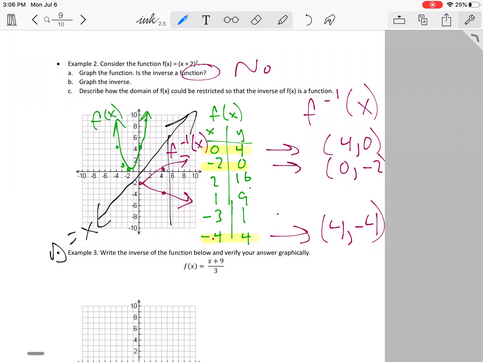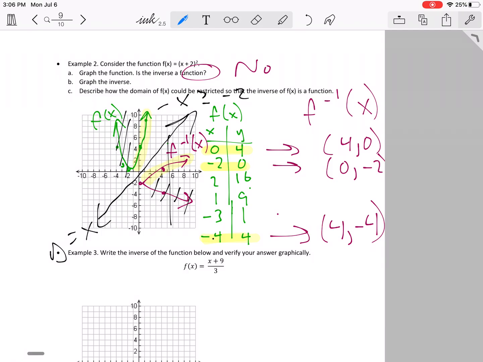So if we wanted, let's say, just the top part here of the inverse, that means we'd only want this part of the original. If that's the case, then the domain of the original would have to be set so that x is greater than or equal to -2, because then the left part wouldn't exist, and if the left part doesn't exist, the bottom part here won't exist either, and then those two will both be functions.